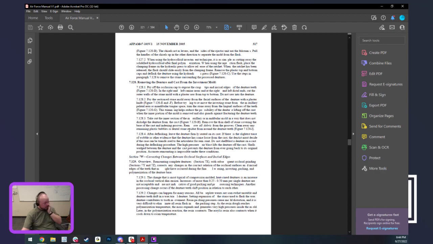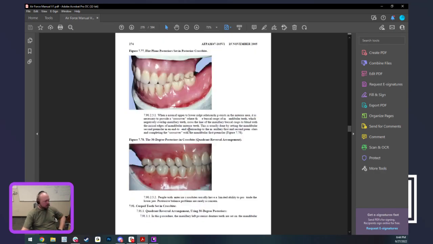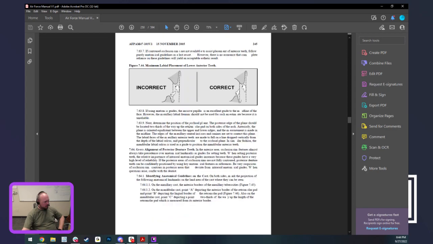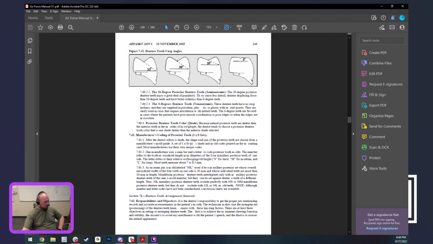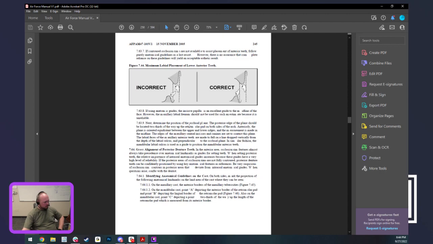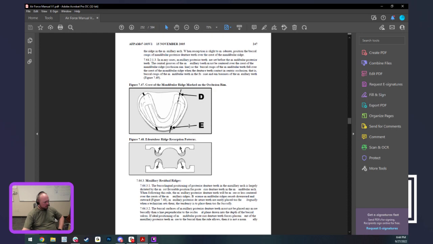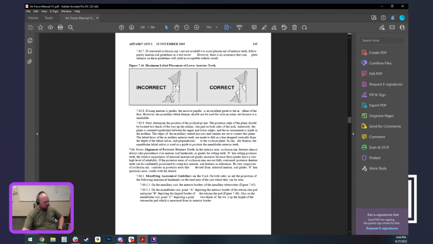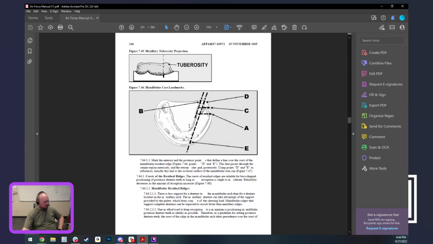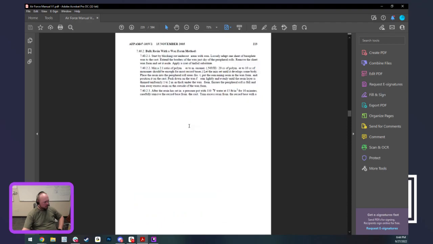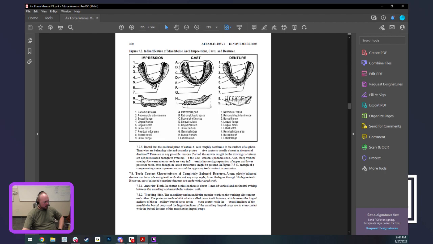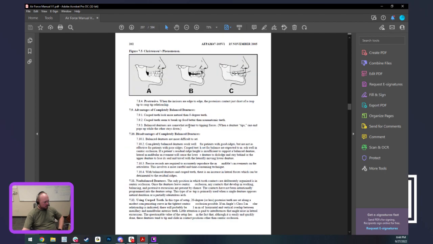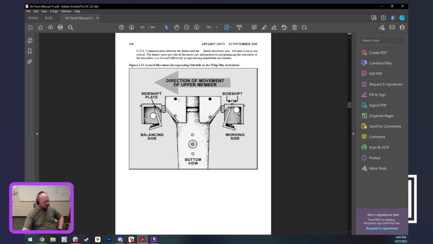So this is flasking. So this would be after the... I need to go back up. Where are we? So we're something in here. Edentulous resorption patterns. That's cool. I actually didn't know you could track it that easily. Protrusive. All right, we're getting close.